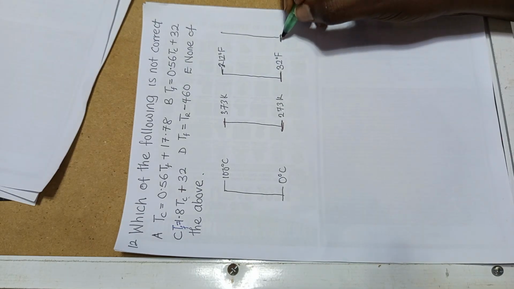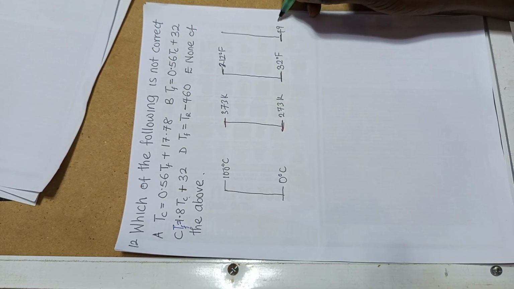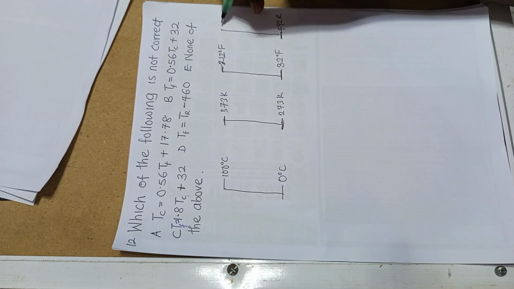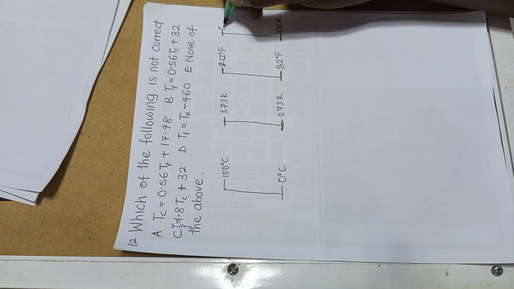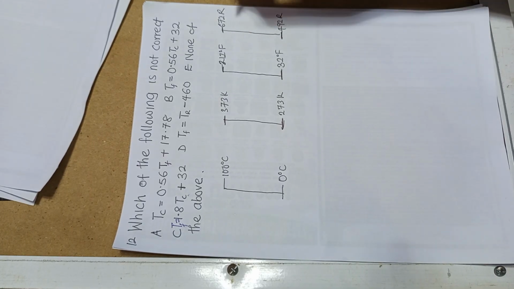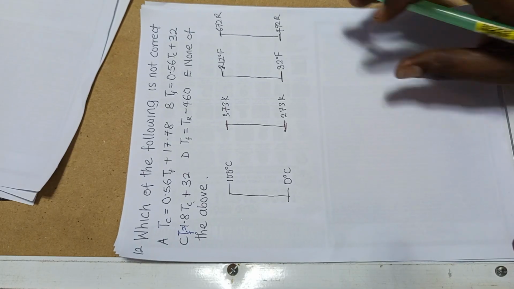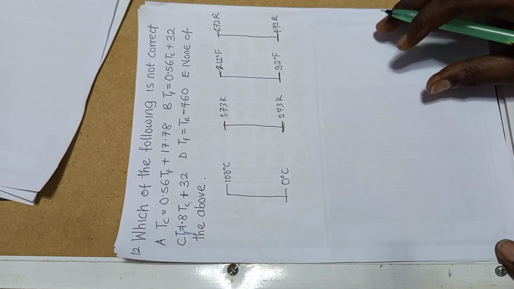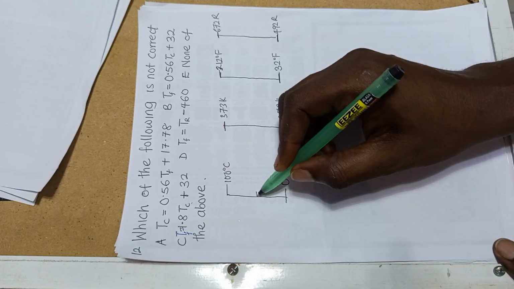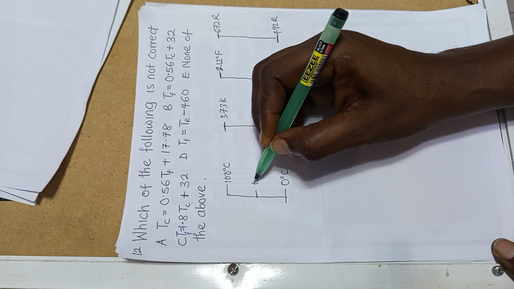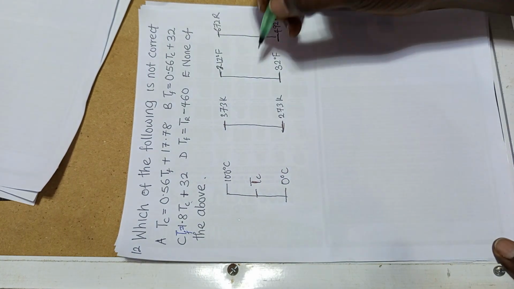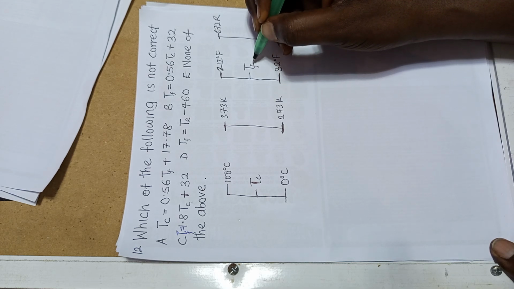Then we have Rankine, 492 Rankine, then 672 Rankine. Having gotten that, what we want to do now is to convert TC to TF.